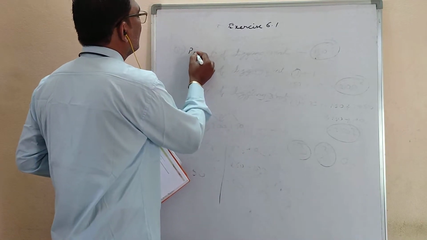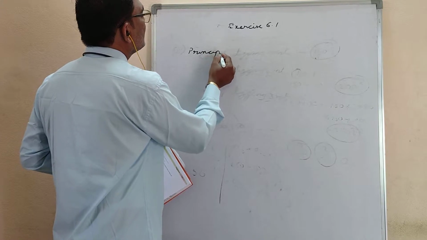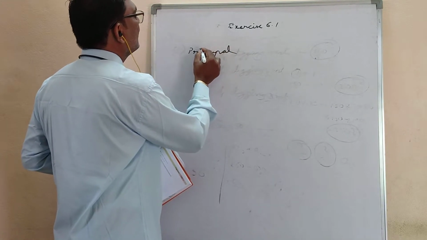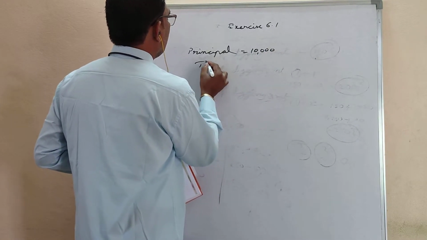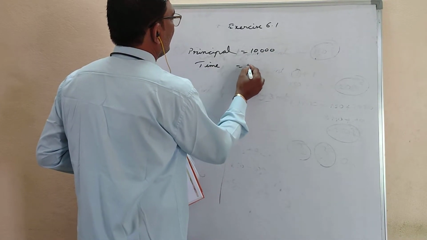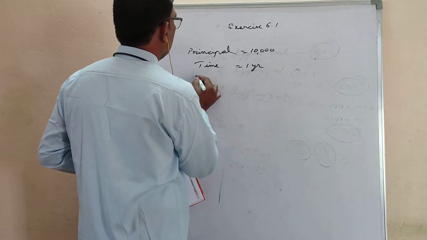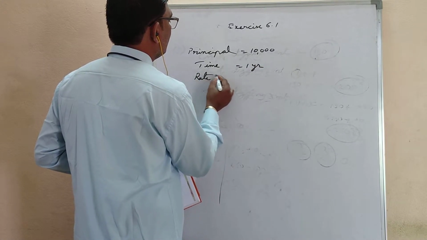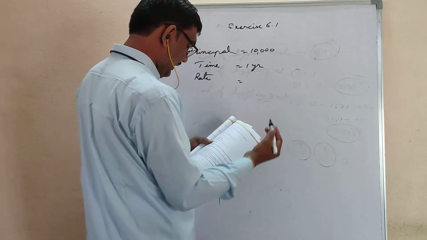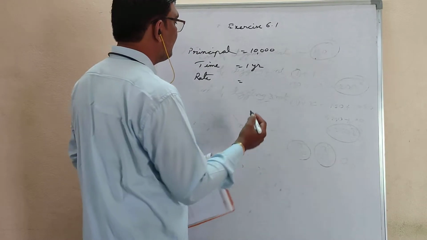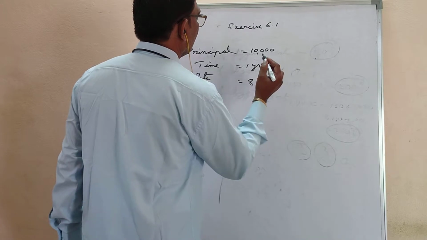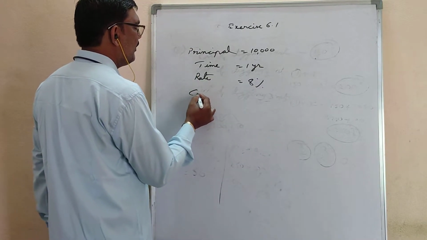Principal is 10,000 rupees. Time, 1 year. Rate of interest per annum they have given as 8% per annum.